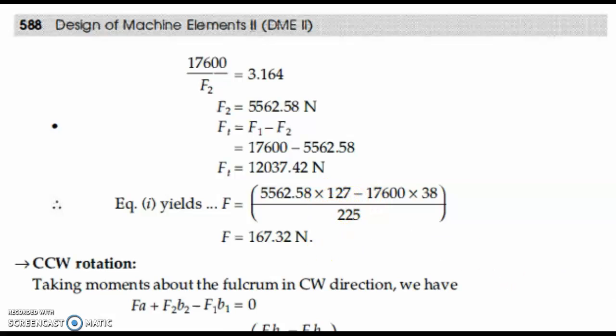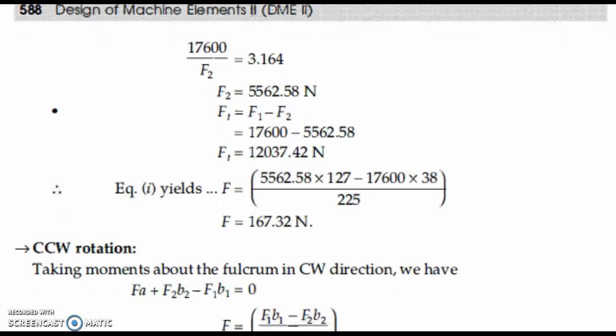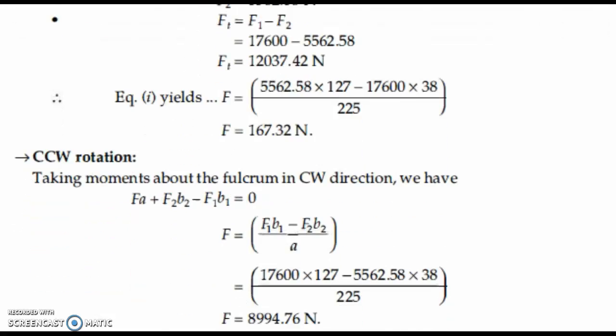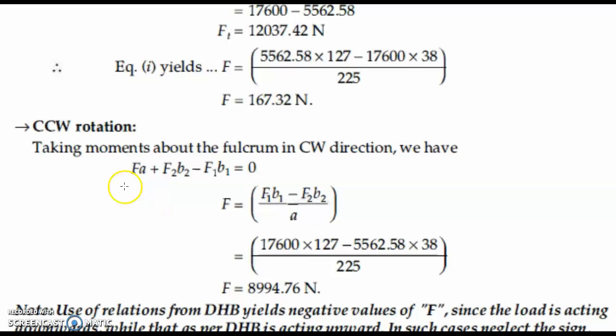Now go for the counterclockwise direction. For the counterclockwise direction, the moment equation becomes F into A plus F2 into B2 minus F1 into B1 is equal to 0. Then F is equal to (F1 into B1 minus F2 into B2) divided by A, which is equal to 8,994.76 Newton.